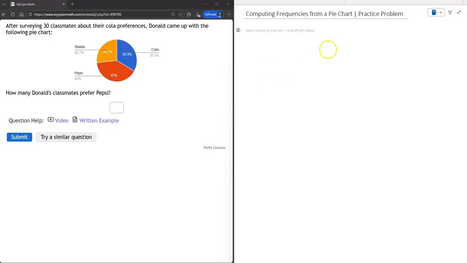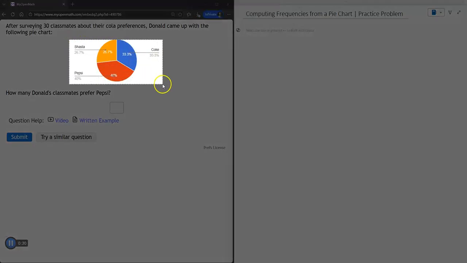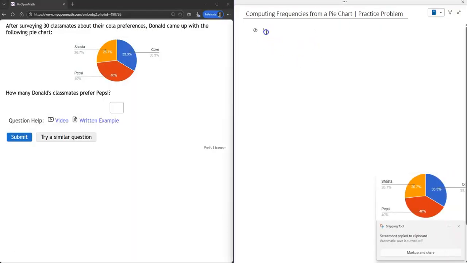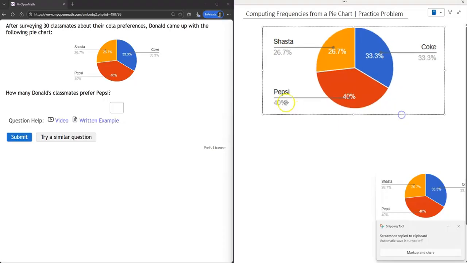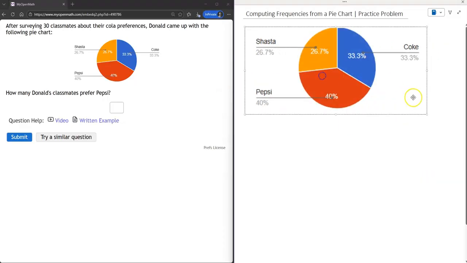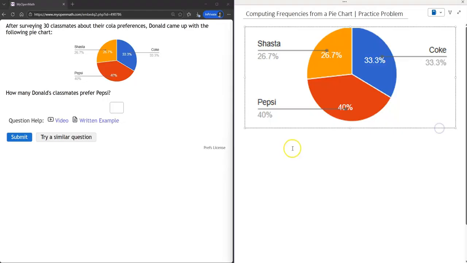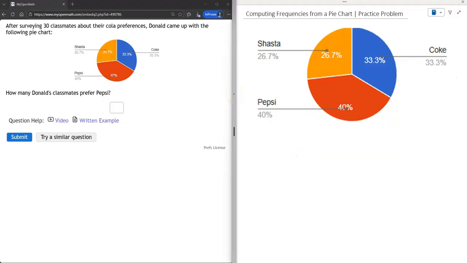So first thing we need to acknowledge is that we have the following pie chart, and in terms of relative frequency, the share of Donald's classmates who prefer Pepsi is 40%.